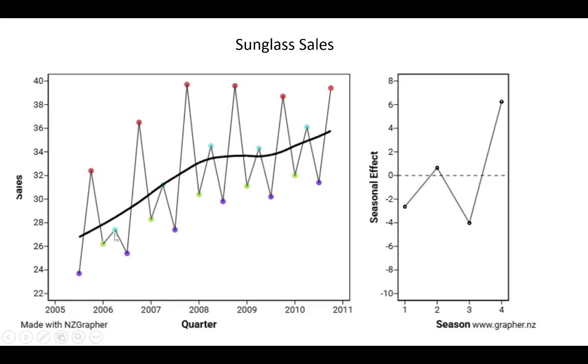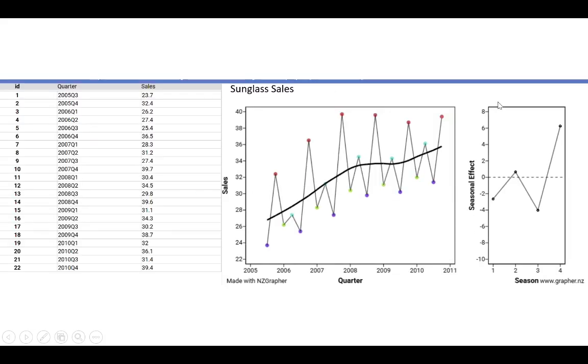So first, second, third, fourth. First, second, third, fourth. And this one here is just an enlargement of the average of the values of each quarter. So this is the actual data. I will not go over it, but you got this graph from this data.